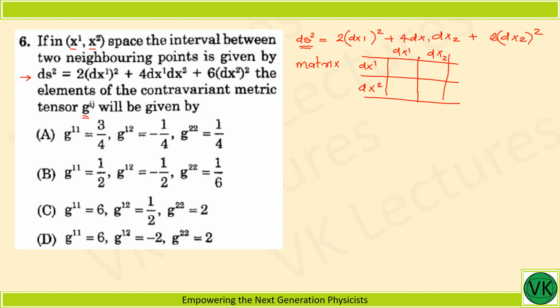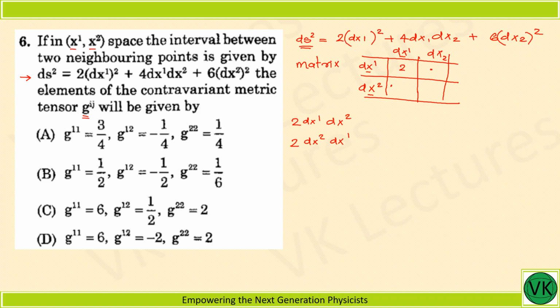So dx1 dx1, so dx1 squared, and the coefficient is 2. Here 4 dx1 dx2, so the dx1 dx2 coefficient is 4. Similarly dx2 dx1 also will be there. This column is dx1 dx2 and this column is dx2 dx1, but both are the same, so we divide 4 dx1 dx2 by 2. 2 we will give here, 2 here, so it becomes 2 dx1 dx2 and 2 dx2 dx1.